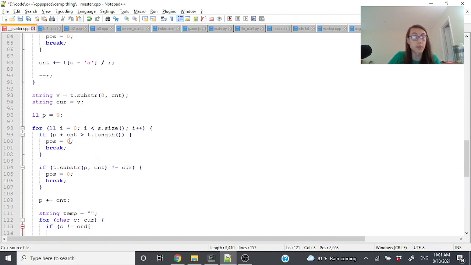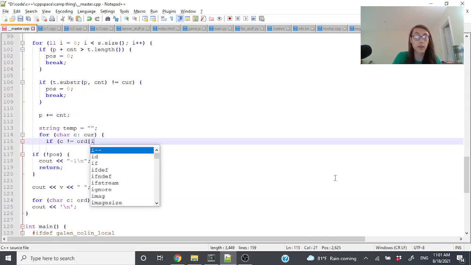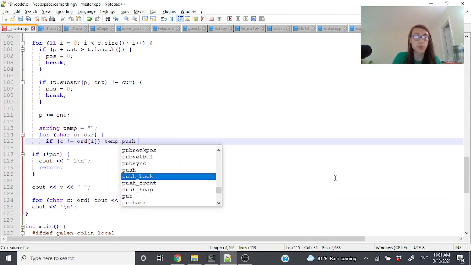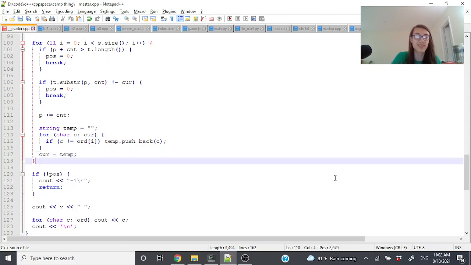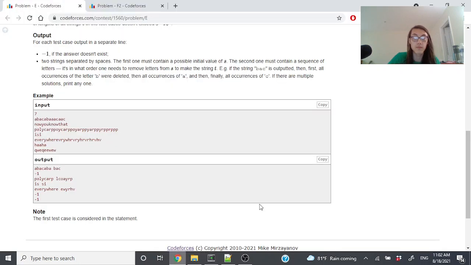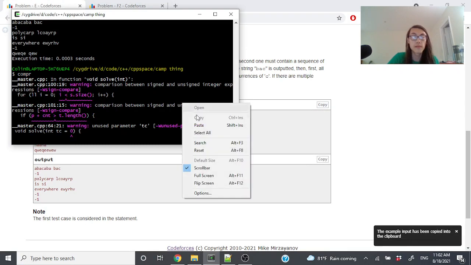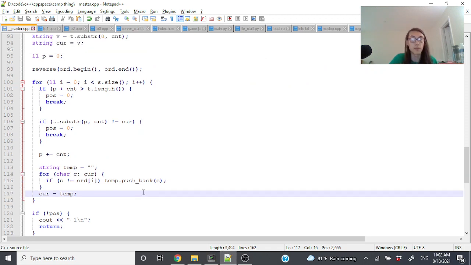Now we reverse the order. temp.push_back c, cur equals temp. Awesome. Why?